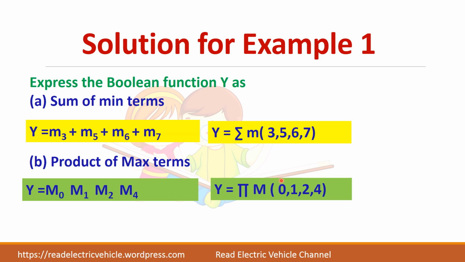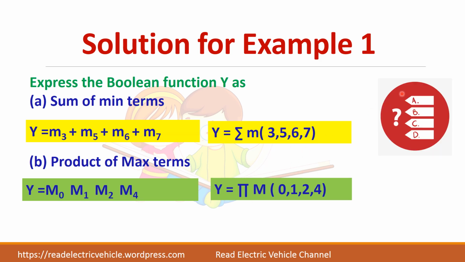So normally this type of question will be asked in multiple choice questions. So this will be given and you need to find out this one. So directly you can write the numbers which are not present here.